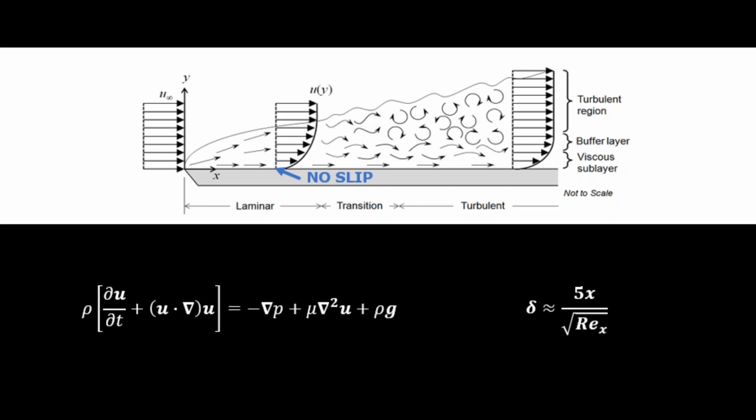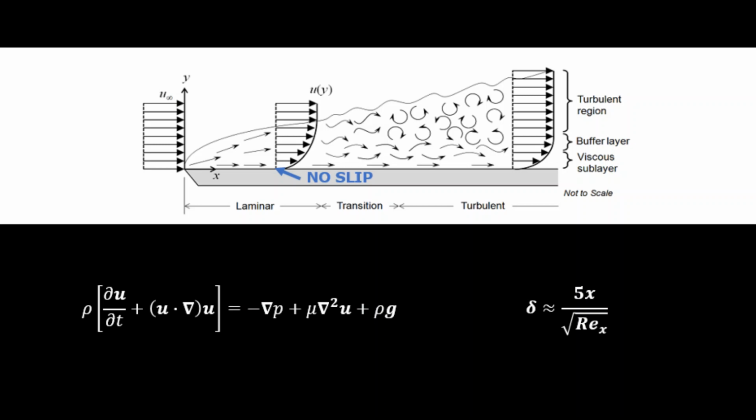And the Blasius solution is that delta is 5 times x, which is the distance through which the fluid flows across the flat plate, divided by the square root of the Reynolds number. And this delta is the thickness of the boundary layer. So we can estimate the thickness of the laminar boundary layer by just knowing the Reynolds number. All right.